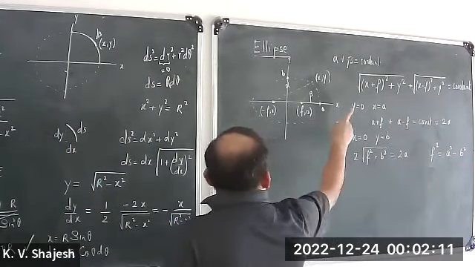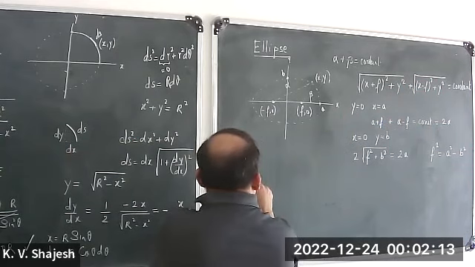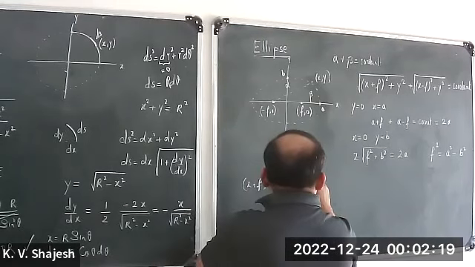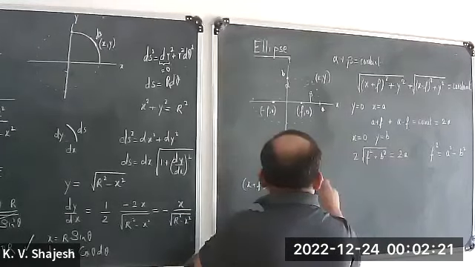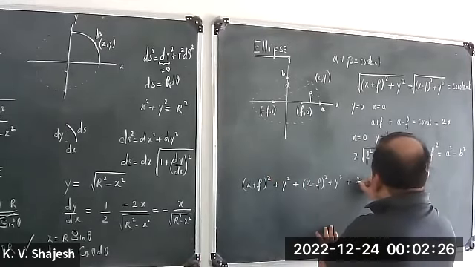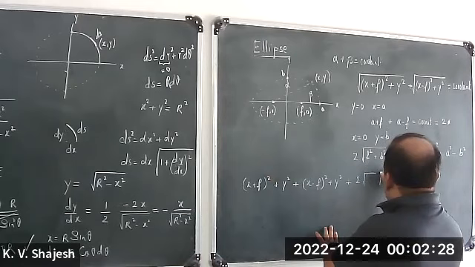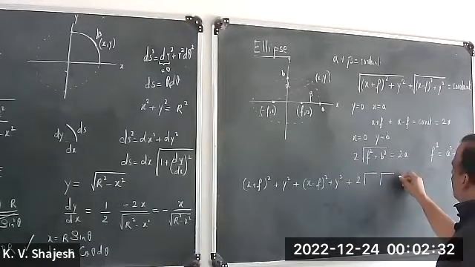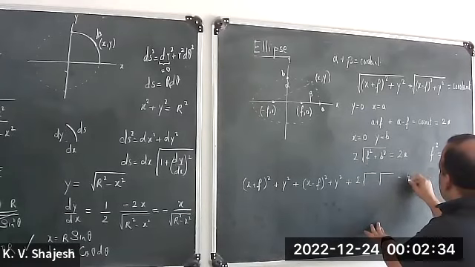If I were to square one side, I get x plus f the whole square plus y square plus x minus f the whole square plus y square plus 2 times the square root. Just being lazy here, I'm not explicitly writing that, and that will be equal to 4 times A squared.